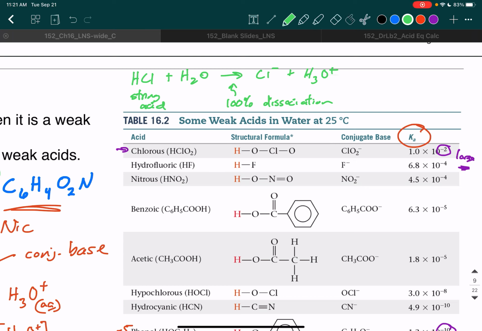We don't talk about Ka values for such things because there's so much chloride and hydronium in the solution that we can pretty much ignore everything else there. But I've seen an approximate Ka value of something like 10 to the 7, I believe. It's a positive exponent. Strong acids have positive exponents, and these weak acids have negative exponents.